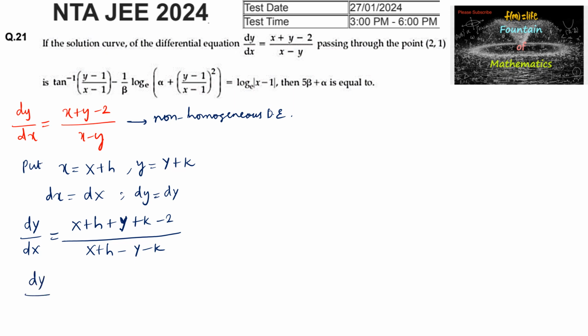So we can write dY by dX is equal to X plus Y plus (h plus k minus 2) divided by X minus Y plus (h minus k).